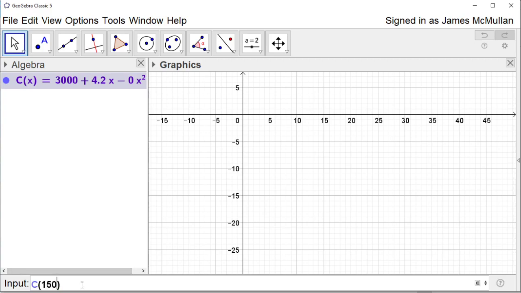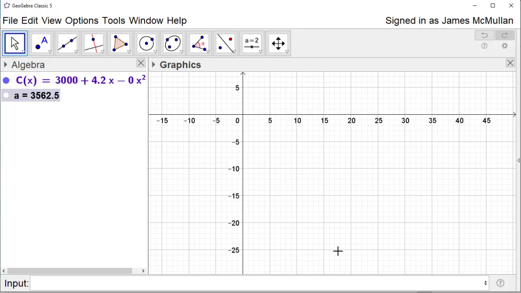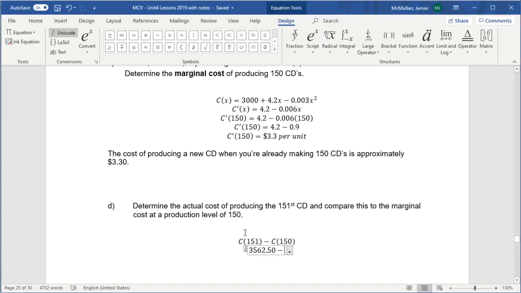And if you make 150 CDs, it's going to cost you $3,562.50. And if you make 151 CDs, it's going to cost you $3,565.80. Sorry, I put these in the wrong order.